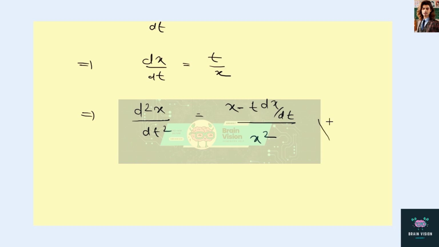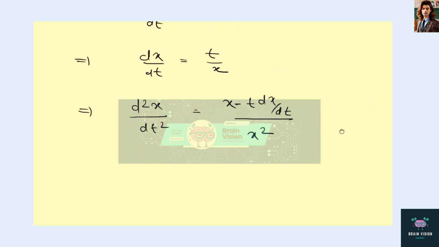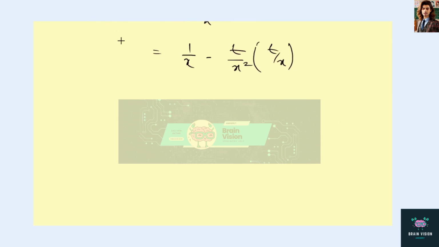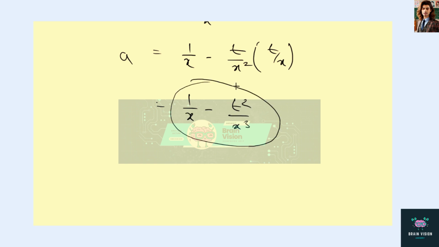Now put the value of dx by dt here, so this is equal to 1 by x minus t by x square into t by x. So finally our acceleration is equal to 1 by x minus t square upon x cube. So this is the answer to our given question.